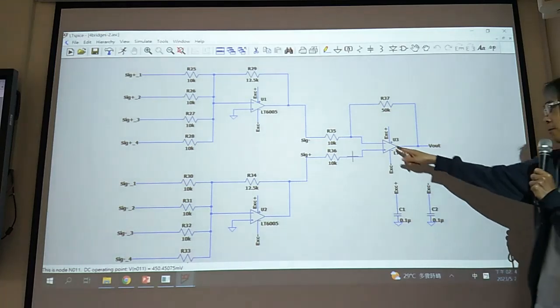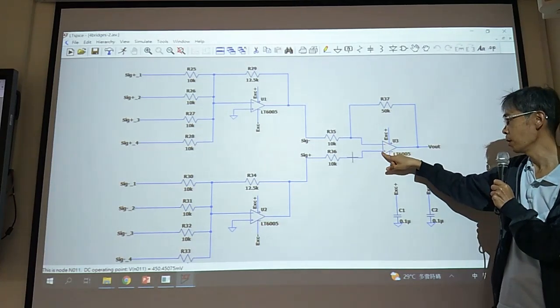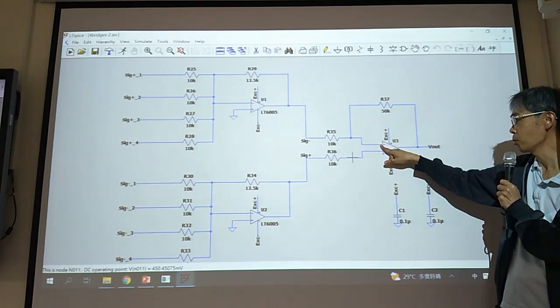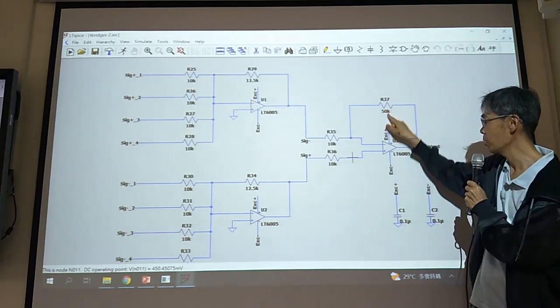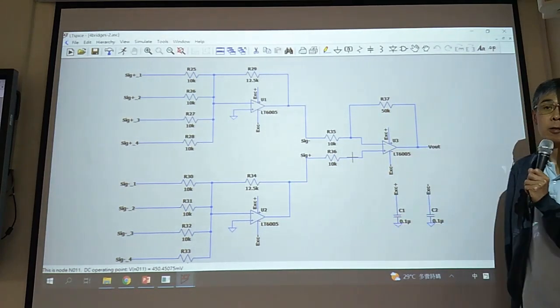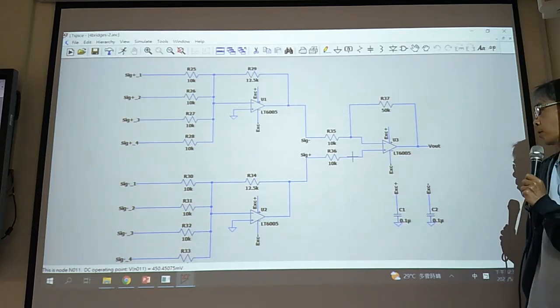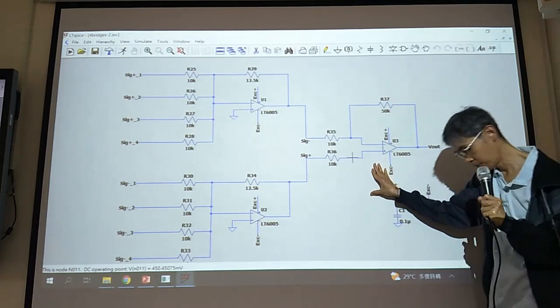So this is the differential amplifier. For the non-inverting input and inverting input, 10K, 50K, we should have 10K also, 50K here. So they have the same amplification ratio. Okay, so this is the problem here.